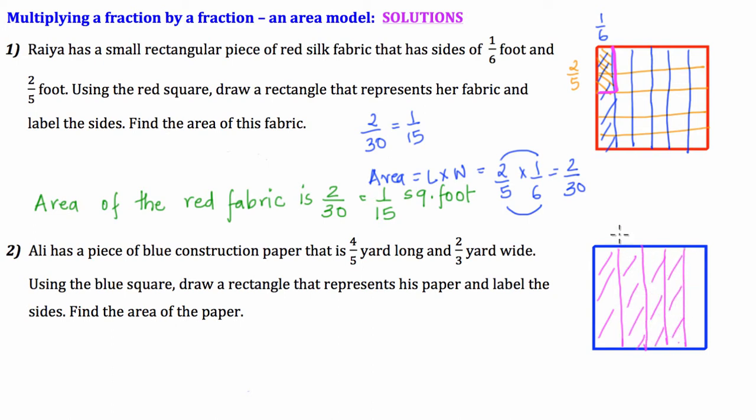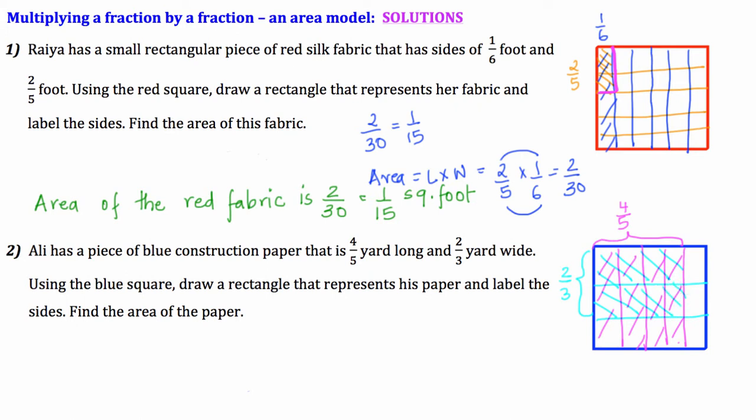So one side, this side here, is 4/5 of a yard and the other side is 2/3 of a yard long. So let's split this into thirds. So these are thirds and the other side is 2/3 of a yard long. So now let me shade in the thirds. This is 1/3 and this is 2/3.